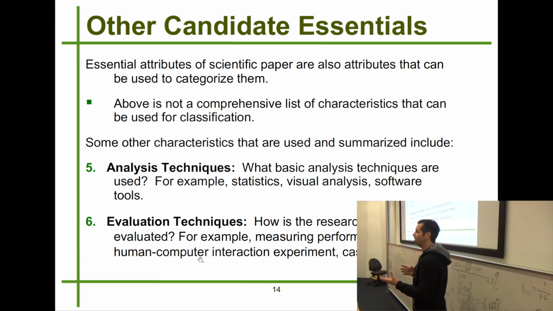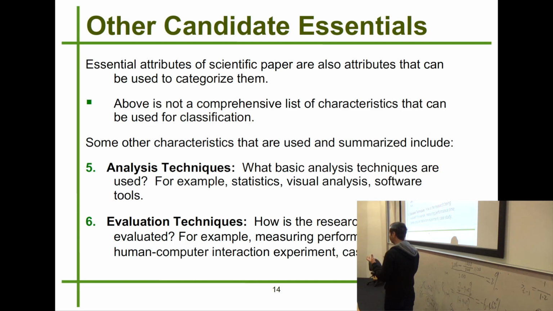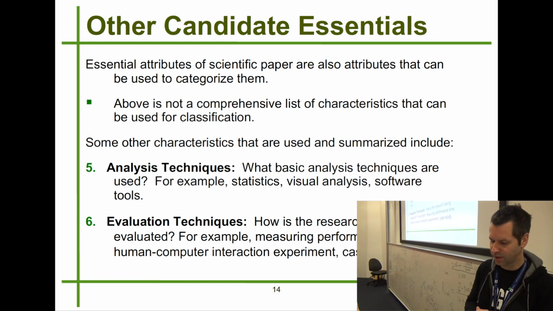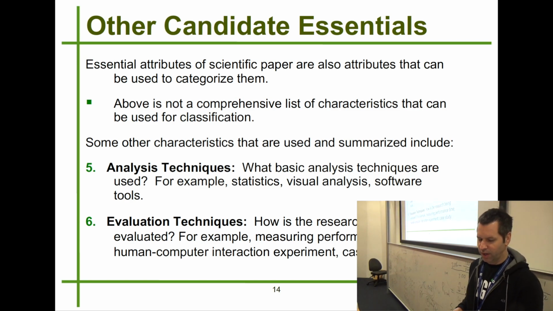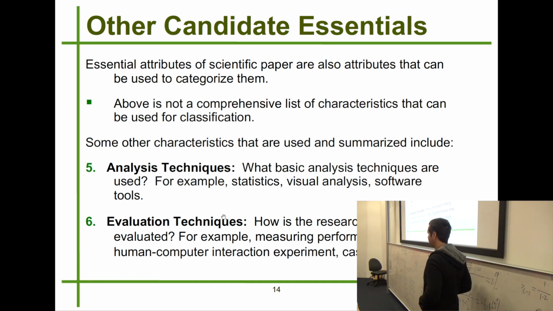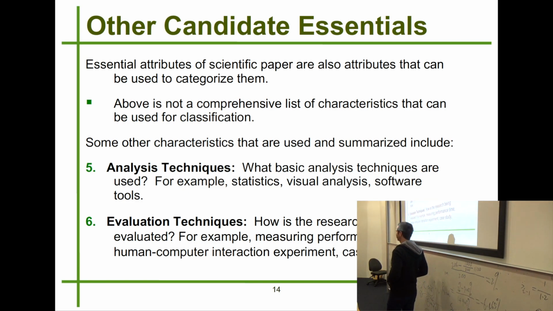Right? So that could be the evaluation strategy, to run a user study, to test it out with people. So that's the other kind of essential information, is really the evaluation is essential. How is it evaluated, that software or that technique that they're proposing?